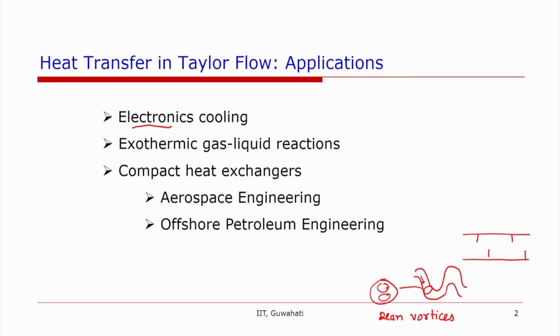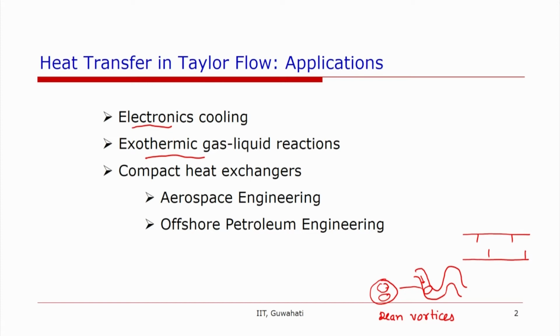Okay. Another application is exothermic gas liquid reactions. A number of applications for which microchannels are being used are reactions which are highly exothermic, because it is relatively safer to carry out these reactions in microchannels.